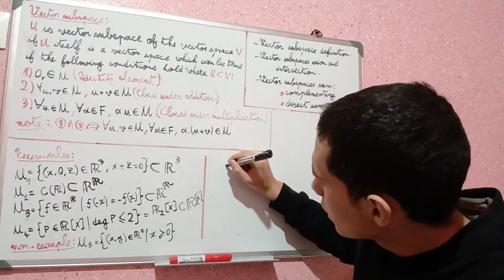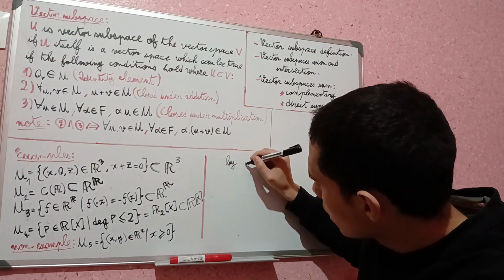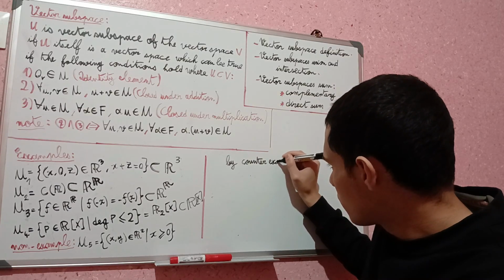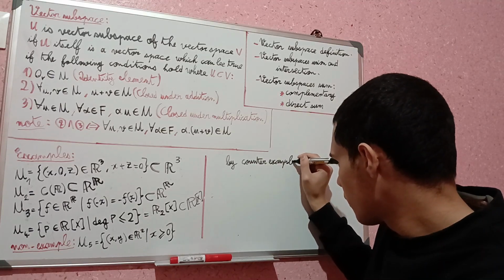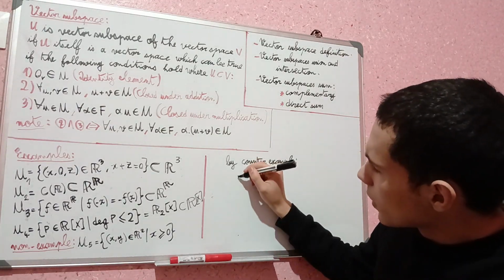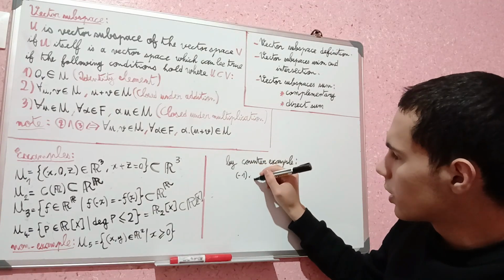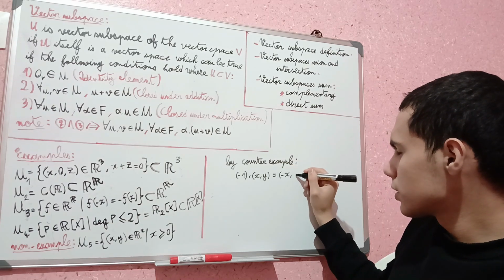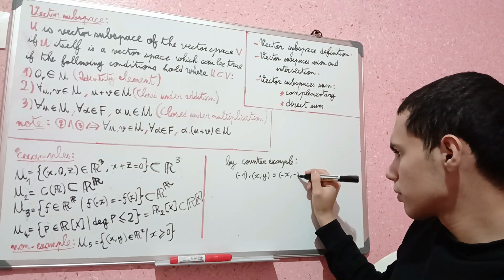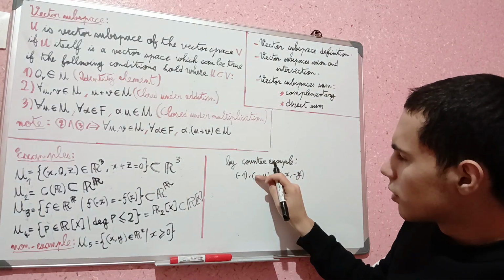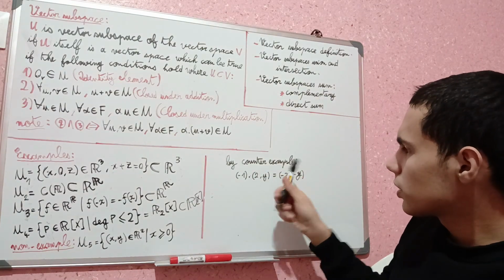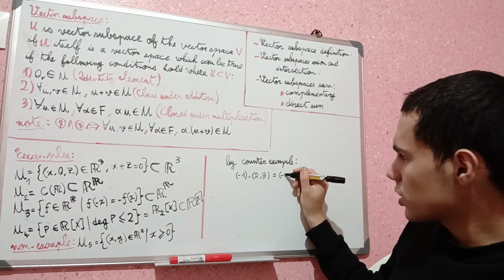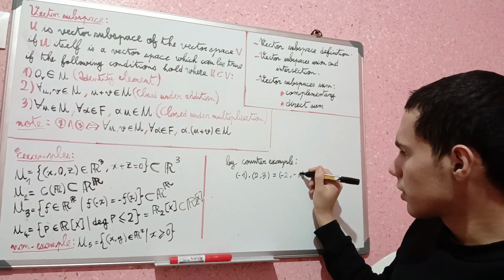So by counterexample, minus 1 multiplied by (x, y) gives us (minus x, minus y). Let's use numbers like this: minus 2, minus 3.